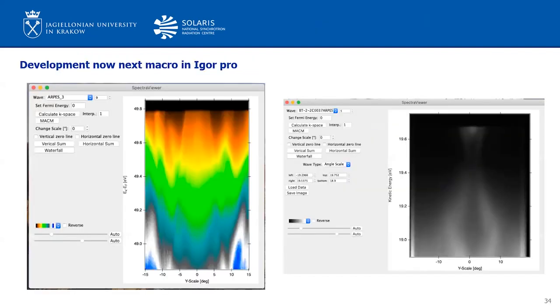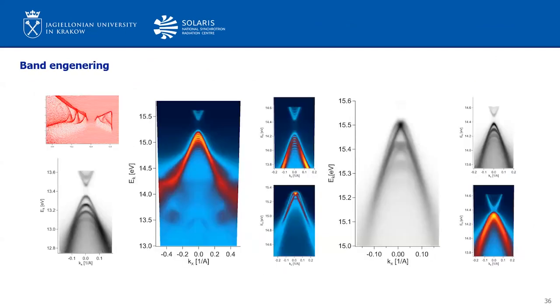Next, I would like to present you the same spectra. For example, here you can see the band engineering. You can observe many sub-bands, because the samples are prepared by MBE, and there are many slides in the bands and many interfaces in this sample, and we can observe very nice spectra.